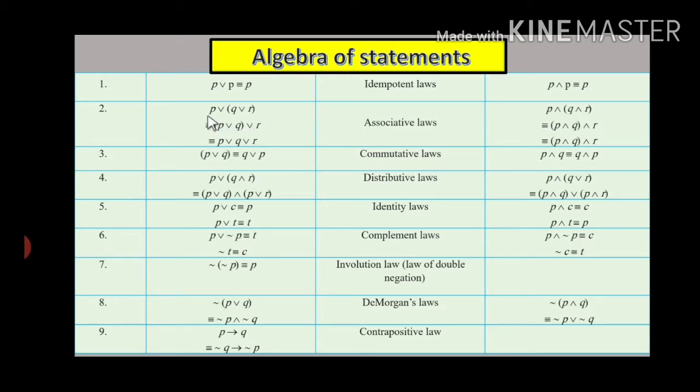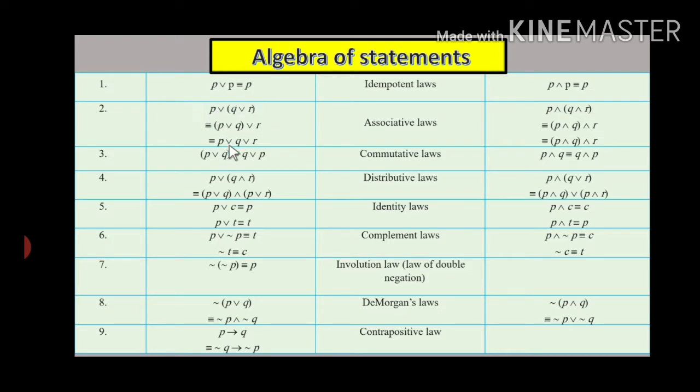The second one is P or (Q or R) is the same as (P or Q) or R. It is also equivalent to P or Q or R. Now, what does this mean?